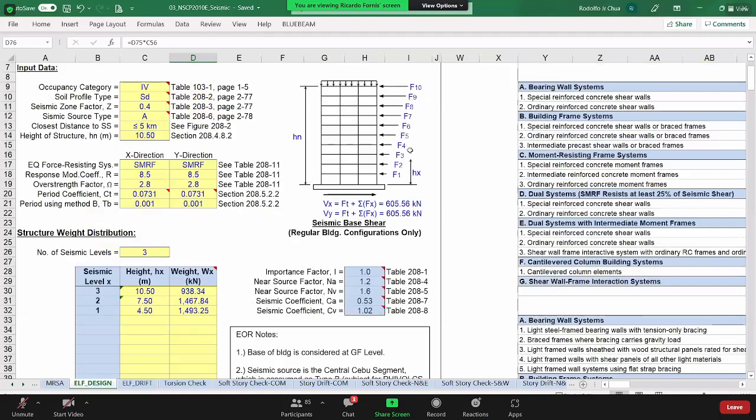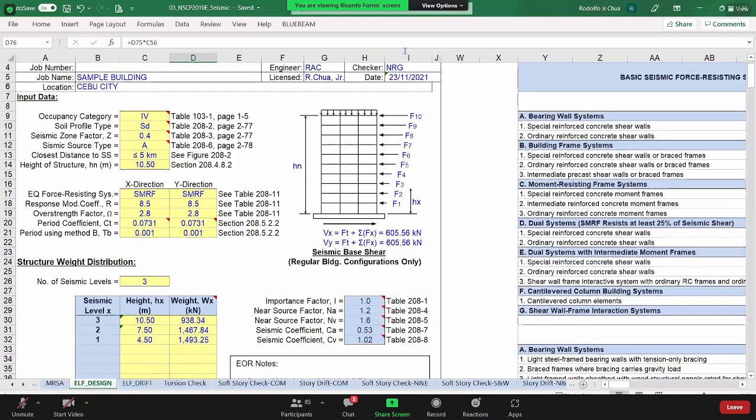So, going back to this figure, our base shear should be distributed per level in a manner where the distribution increases as you go up.